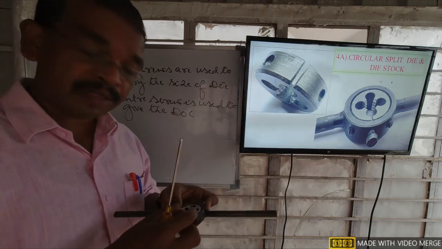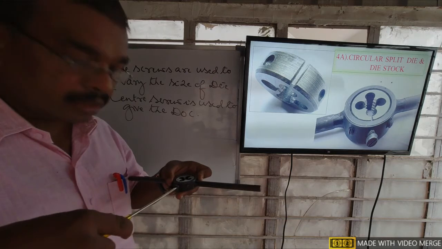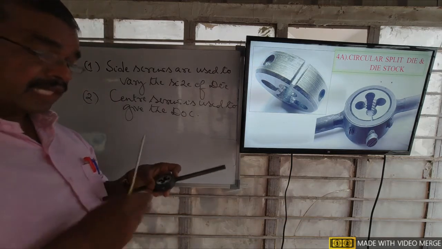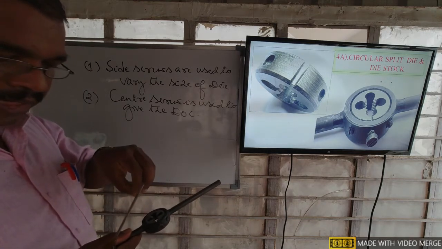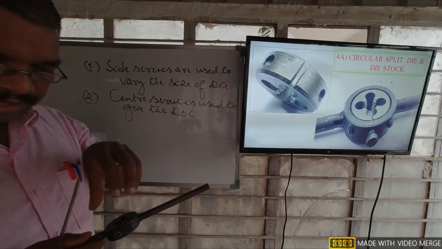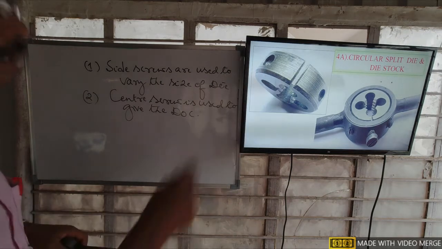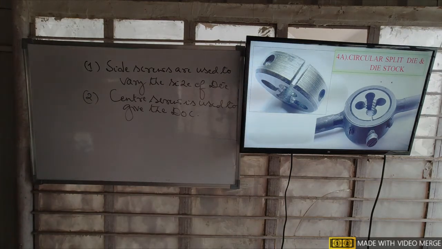Slight variation can be done by using these side screws, and by using the center screw we can give the depth of cut to this die also. The depth of cut means we can reduce or increase the size; slight variation can be made by using these three screws. See, these are all about our button die or circular split die.